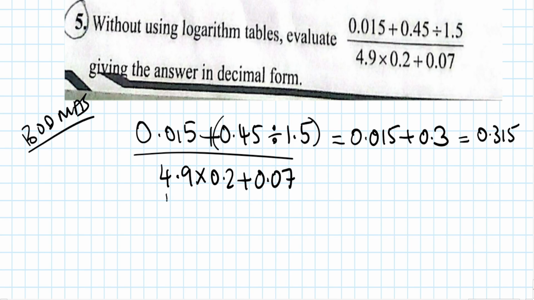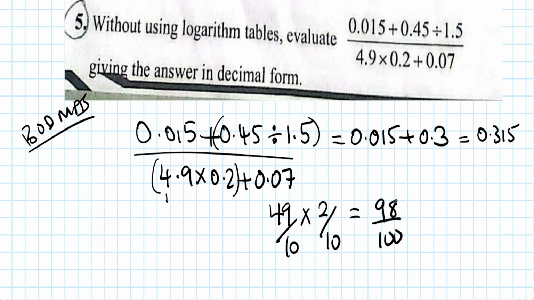For this one, obviously start with the multiplication because there are no brackets and no division. So what is 4.9 times 0.2? 49 over 10 times 2 over 10. 49 times 2 is 98, so it's 98 over 100. That gives you 0.98.